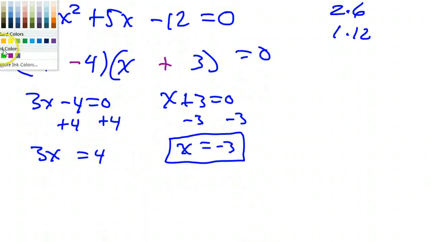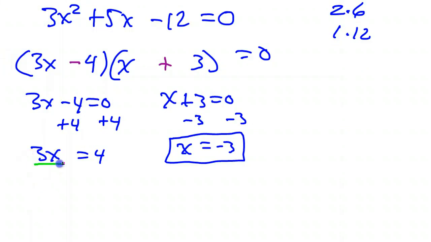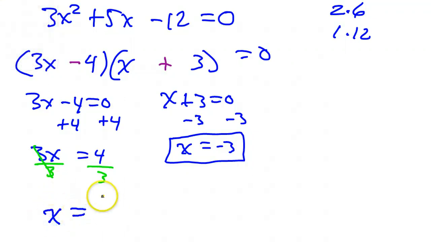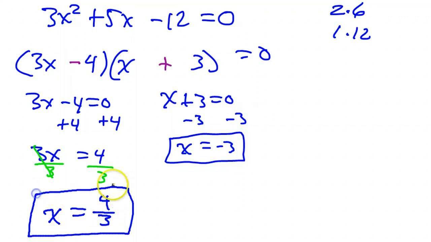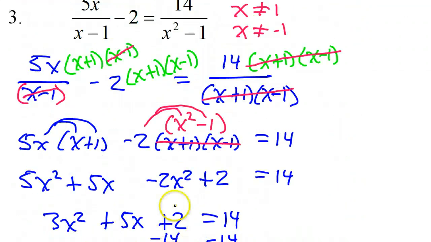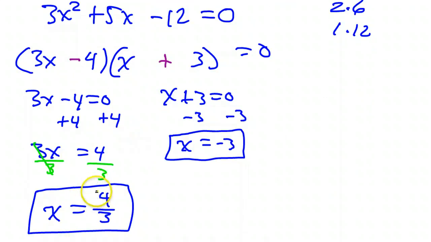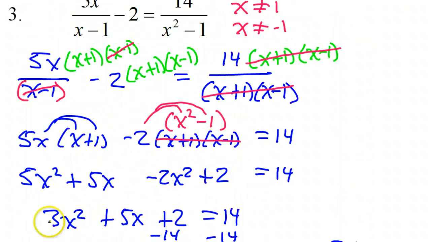And here I need to go ahead and divide by 3. Okay, so that's going to give me x equals 4/3. Okay, are any of these excluded values? Nope. So these are the solutions to number 3.